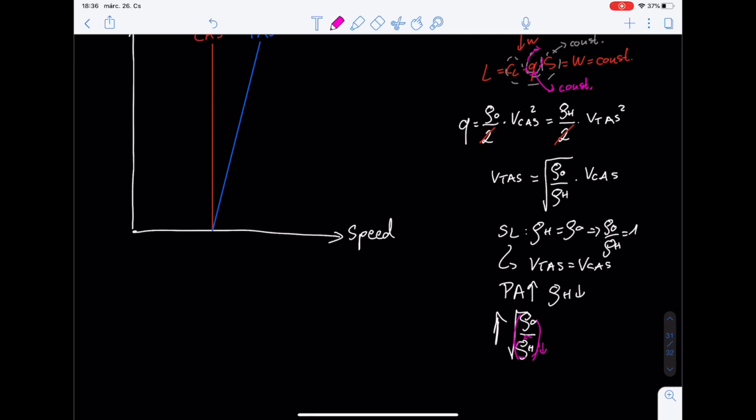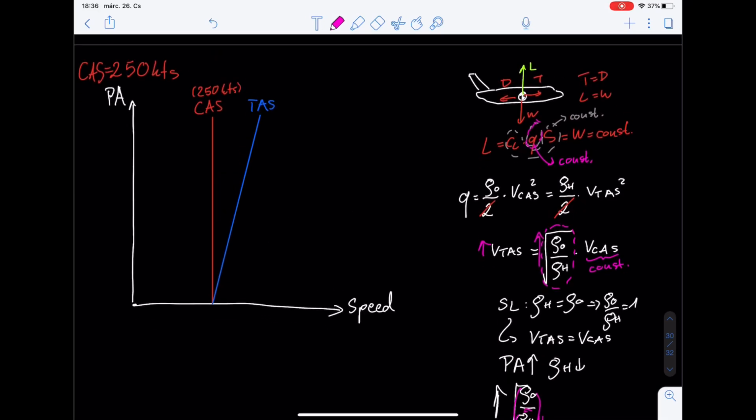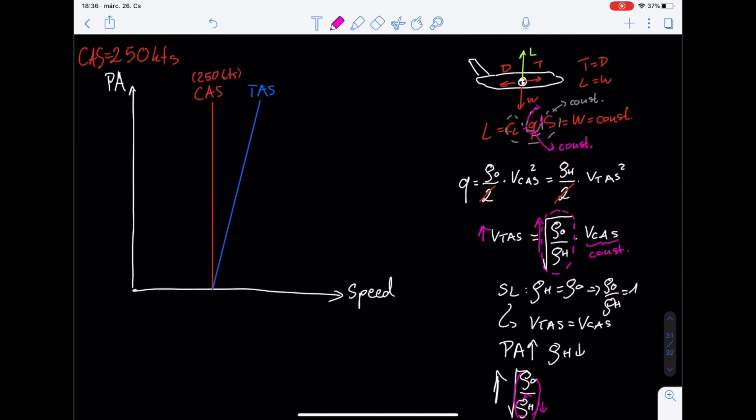And so if the calibrated airspeed is constant, then from this expression, if this, what we called the 1 over relative density, is increasing, the true airspeed is going to increase as well, right? Because we said that the calibrated airspeed was constant. And so this is what we're seeing right here: with the increase of the pressure altitude and with the constant calibrated airspeed, the true airspeed is going to increase.